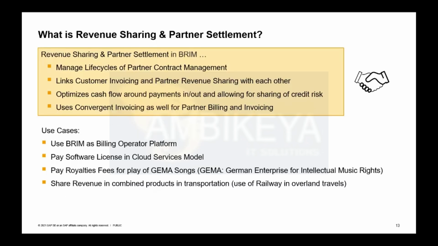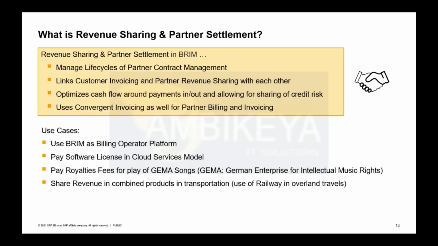Then I have a short overview about the revenue sharing and partner settlement process. With the revenue sharing and partner settlement in BRIM, we manage life cycles of partner contracts as well, because we have the partner contract in Convergent Invoicing as well as a customer contract, and we can handle in a second process flow, same as we've seen for the customer processes, the partner processes.